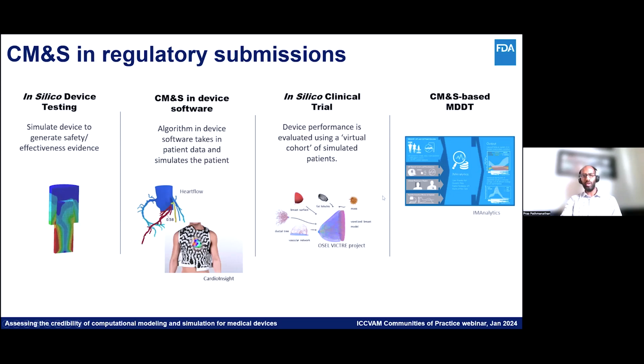Third case is something that we're calling in silico clinical trials. And this is an emerging area that there's a lot of interest in, not established yet, but could be a huge development if it becomes established.